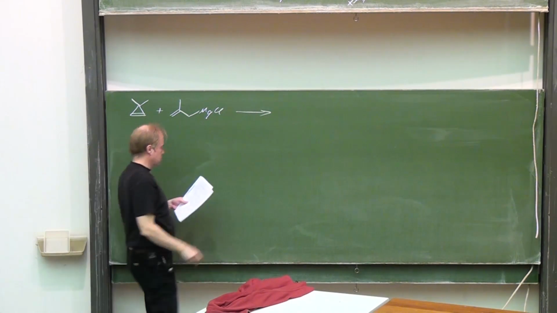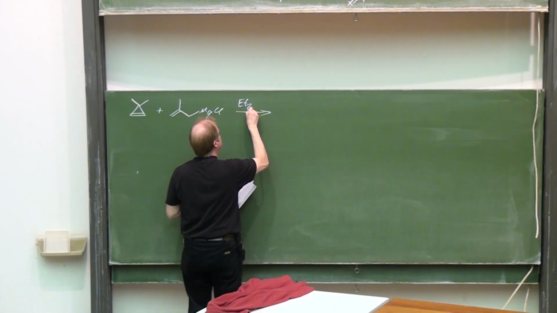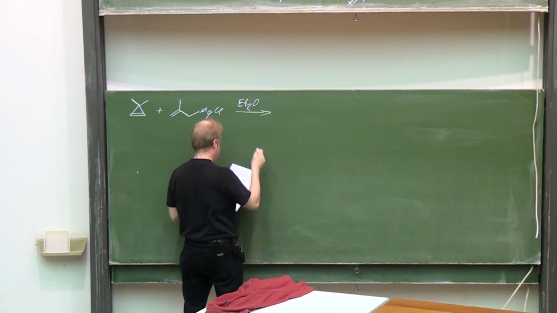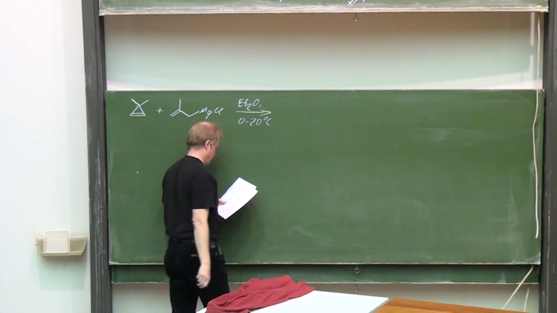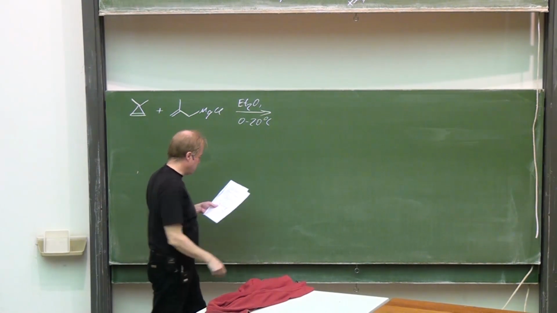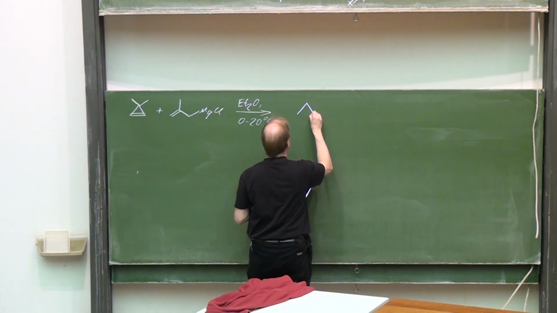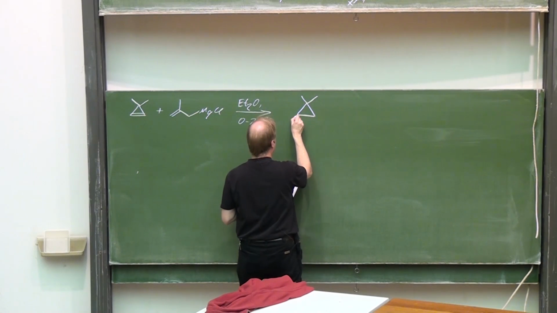So, in diethyl ether, at temperatures between 0 and 20 degrees, the Ene reaction will occur.